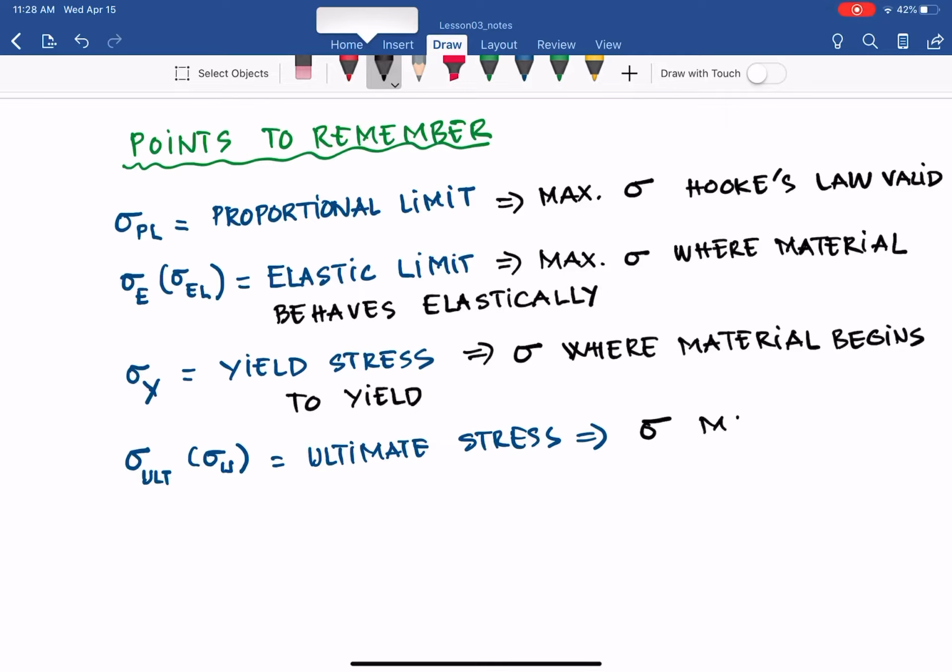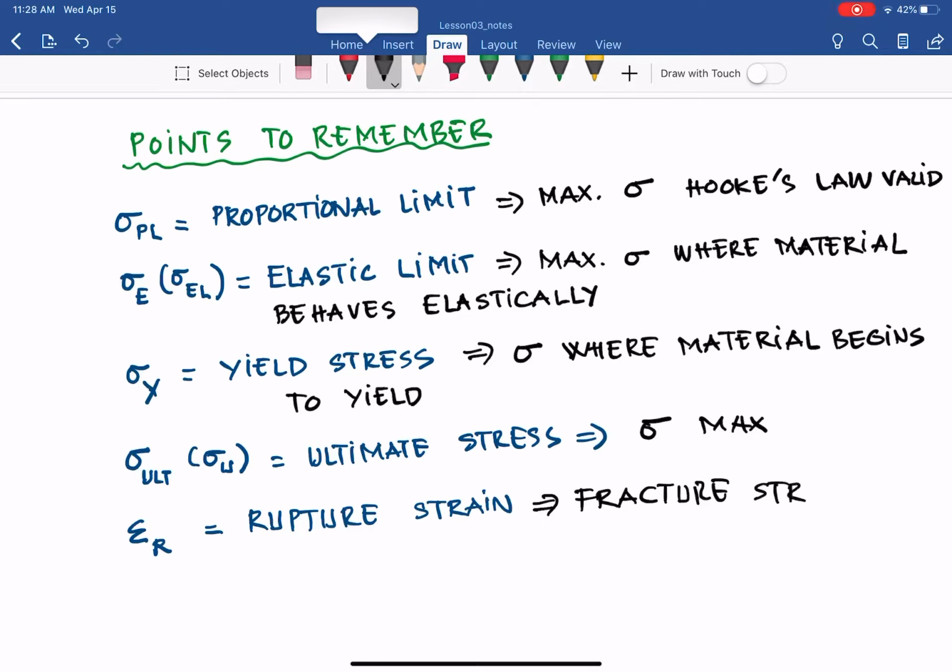And then the last one is epsilon rupture. R is the rupture strain. In that case, it's basically the fracture strain, so the material breaks, right? So it will be the fracture strain. So those are the points to remember when we talk about the material properties.